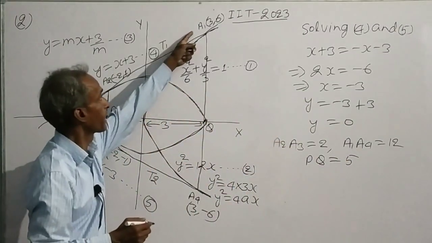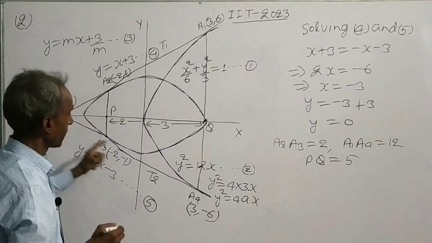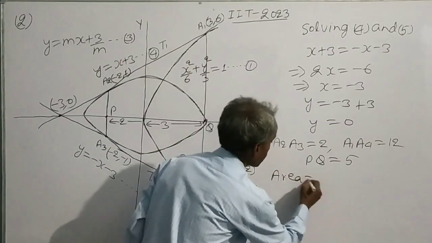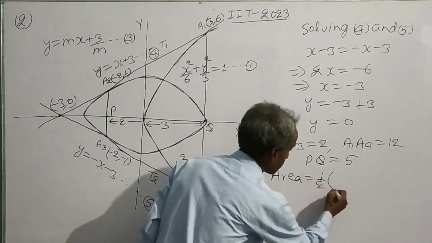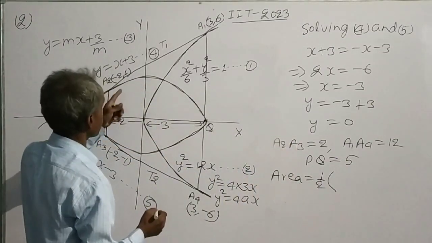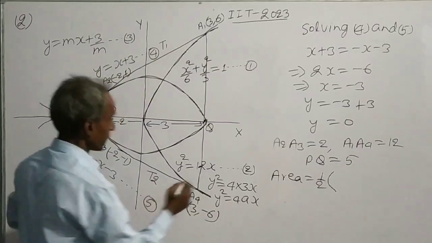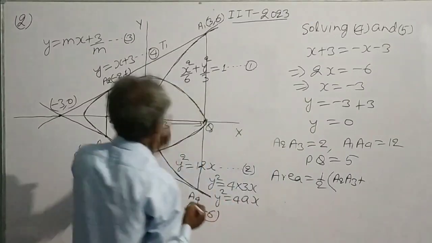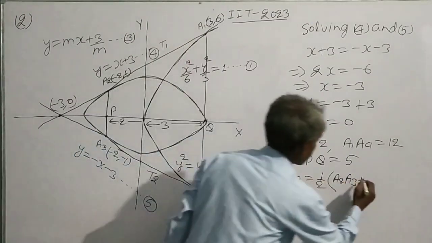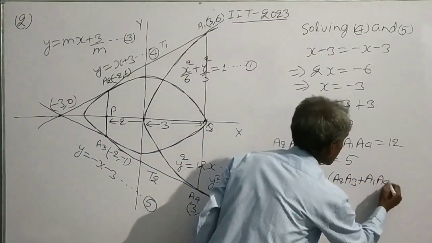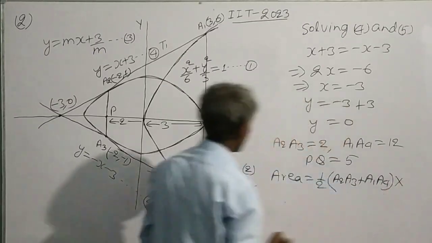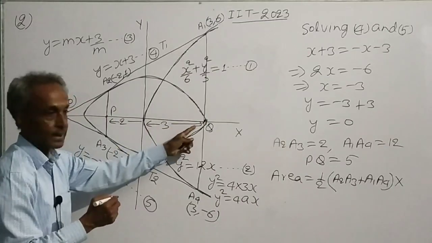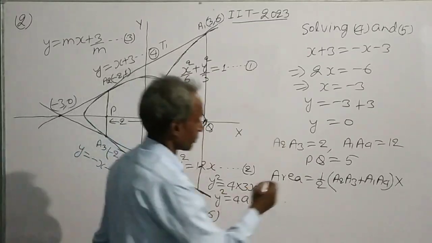Area of quadrilateral A1, A2, A3, A4 is equal to 1 by 2 times the sum of parallel sides, that means A2 A3 plus A1 A4, times the distance between these two parallel lines, that means PQ.